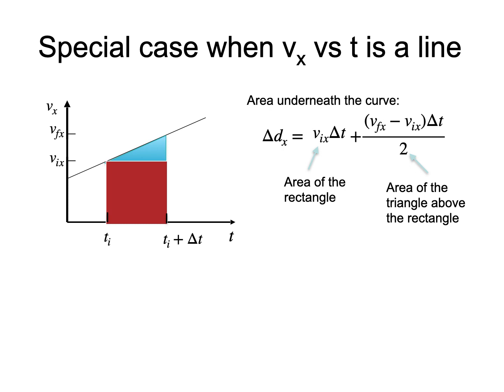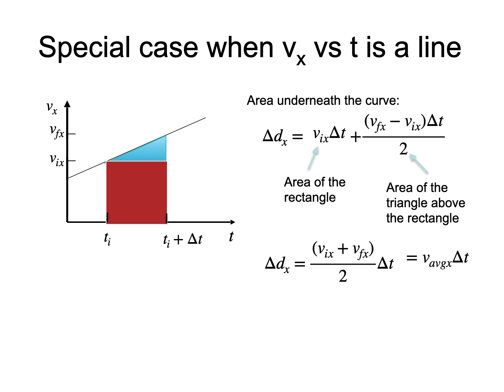Rewriting this equation by grouping the terms with Vix together leads to this equation. Recalling the definition of the x component of the average velocity makes the delta dx equal to this.